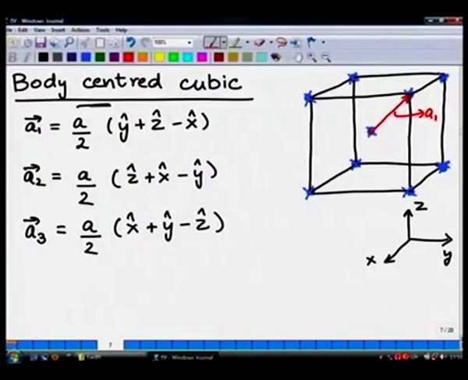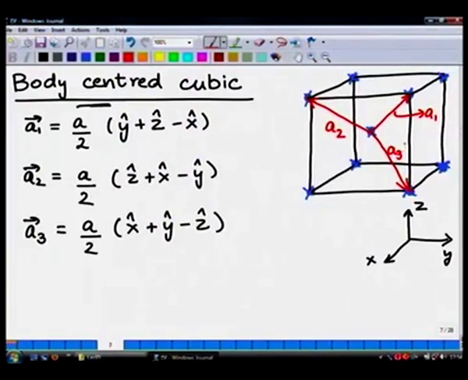Similarly, for A2 we move half in the z direction, then half in the x direction, and then half in the minus y direction, and locate this A2 point. This must be the A2 vector. Similarly for A3, we move half in the x direction, half in the y direction, and half in the z direction, and this is therefore the A3 vector.